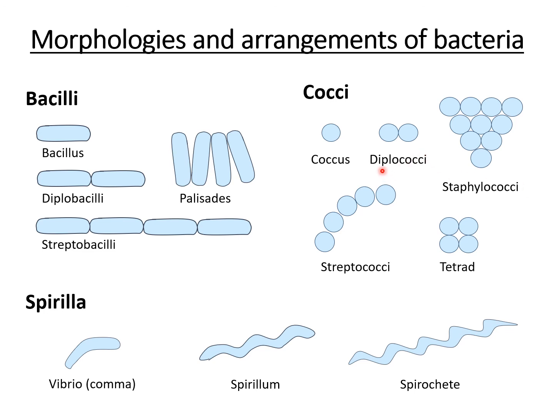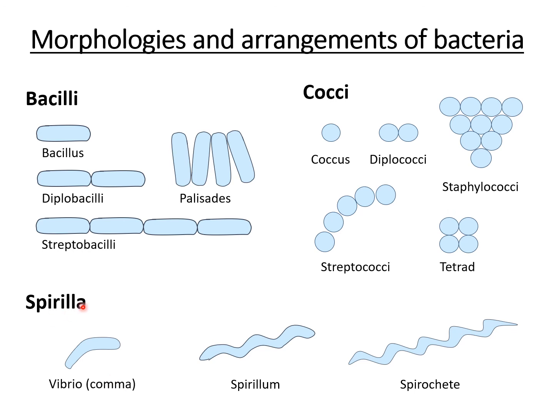Diplo, yes, you can have diplococci and you can have diplobacilli. Singular, yes, you can have a singular coccus on its own and a singular bacillus on its own. Palisades is an arrangement for bacilli. You don't see palisades for cocci. So there are some arrangements that are common between the two shapes, and some arrangements that are specific to coccus bacteria or to bacilli bacteria.